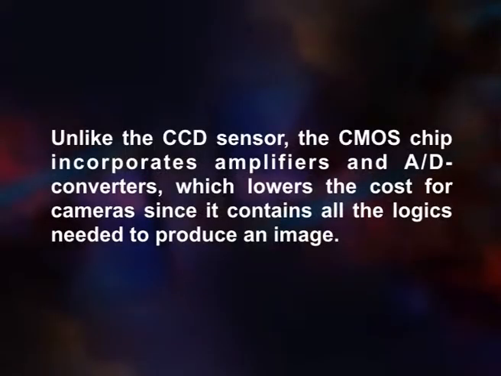CMOS chips have several advantages. Unlike the CCD sensor, the CMOS chip incorporates amplifiers and AD converters, which lowers the cost for cameras since it contains all the logics needed to produce an image. Every CMOS pixel contains conversion electronics.